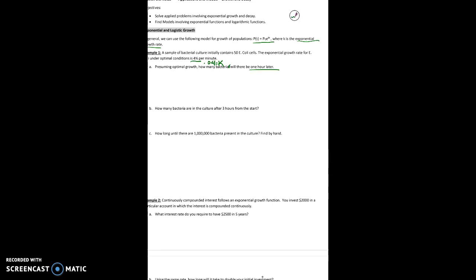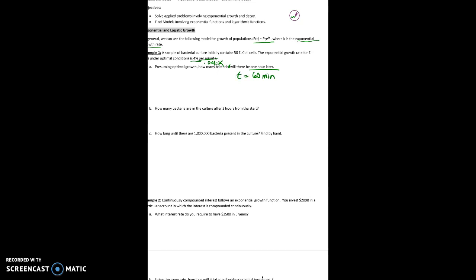Now I want you to understand that our exponential growth is 4% per minute. So if we have an hour, we need to think of this as 60 minutes. That's very important that you look at your units when you are looking at a story problem. So our time is 60.